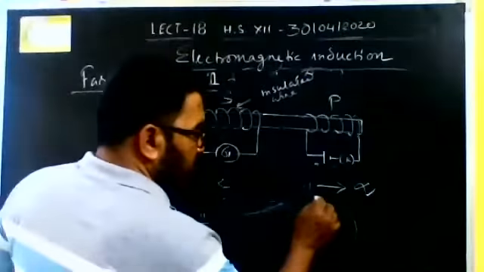If you connect an alternating source here, it will change the direction of current in this coil at a fixed duration. At the same time, induced EMF will be produced continuously, so you will get induced EMF at this point.